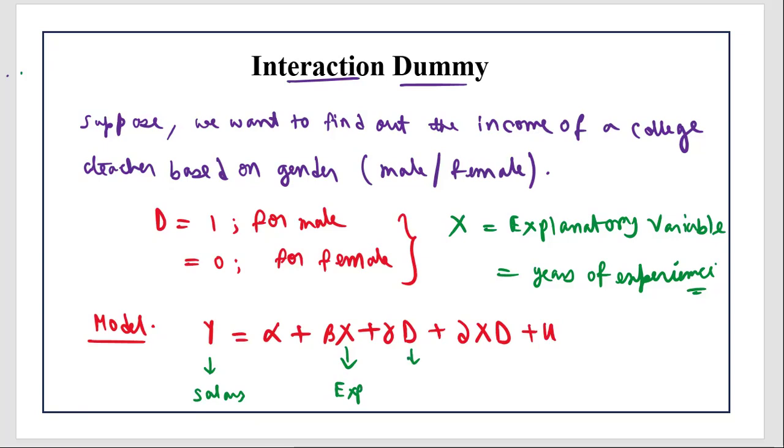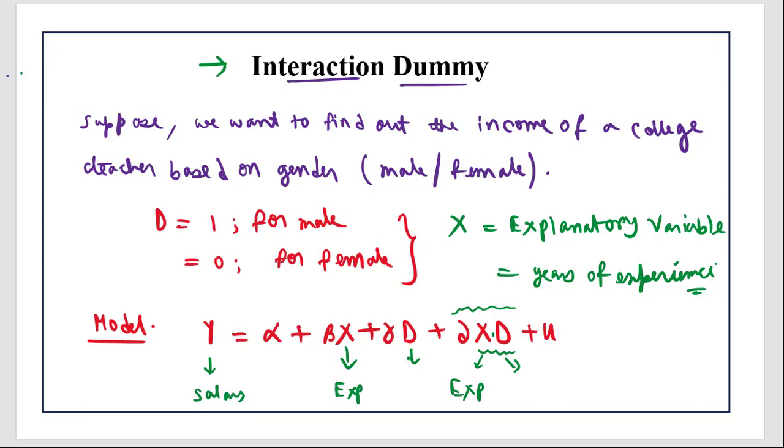Now D is the dummy variable here. Now see, this is the interaction. This is the interaction of the experience and the gender, right? Here we are making an interaction. So this is in the multiplicative form. Multiplicative form always gives you the interaction, right? So X into D, we have deliberately introduced this term in order to depict what will be the interaction done, right?